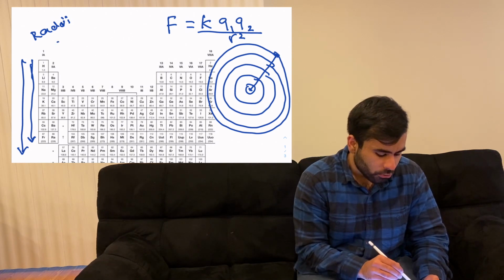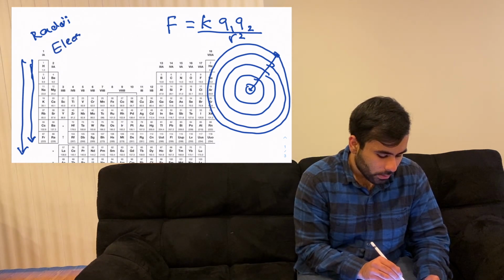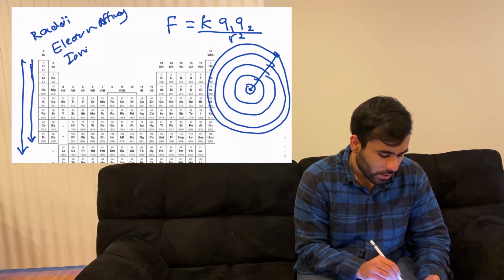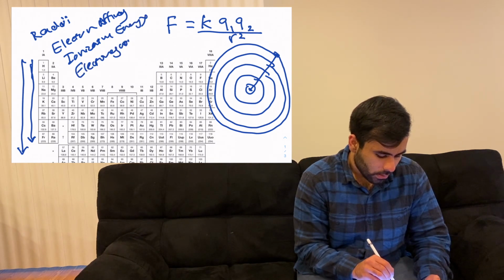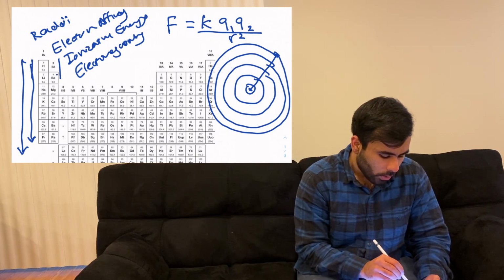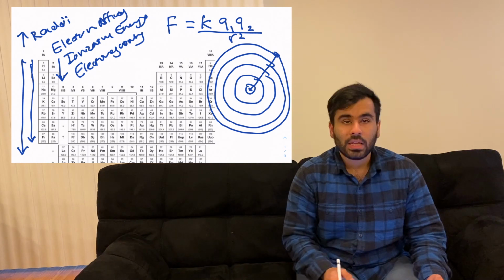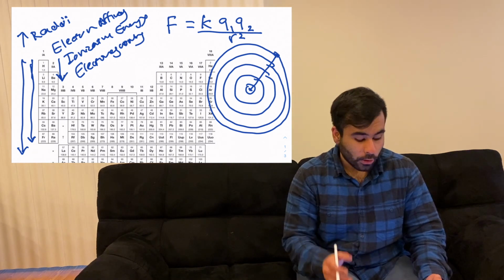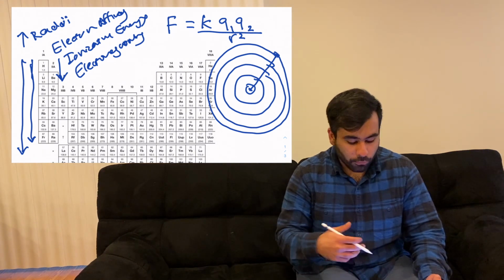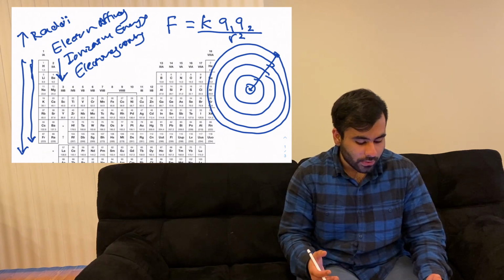Now for our three other trends, electron affinity, ionization energy, and electronegativity, they are all going to decrease going down a group, because this force from the central nucleus has decreased.